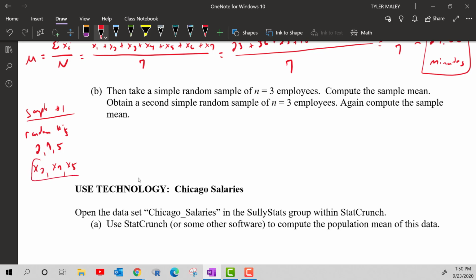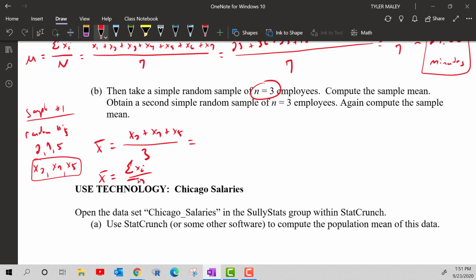We want to find x bar for this, so we take x sub 2 plus x sub 7 plus x sub 5 and divide by 3, because I want n equals 3. Because x bar is equal to the sum of the x sub i's divided by little n. So we're only considering these 3 values.